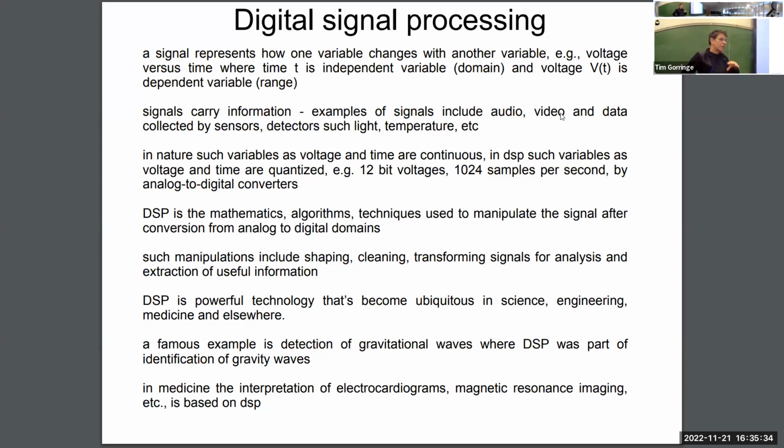An important thing about signals is that signals carry information. Signals communicate information, and that's why we're interested in signals. Classic examples of signals and information are audio signals, video signals that carry information.